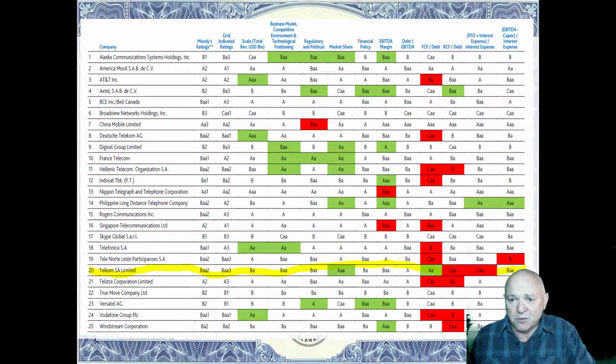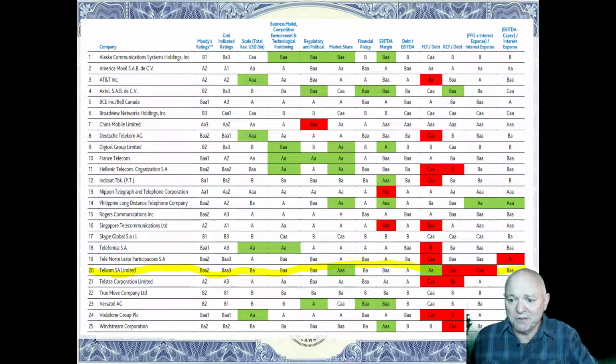Same thing with their regulatory and political position. When it comes to market share, they rate triple A. Now, I presume this is a South African telecommunications company that probably has a very large share of the local market. Because they're at least two rating bands above their indicated level, triple B, triple A certainly is, that's why they're shaded green.